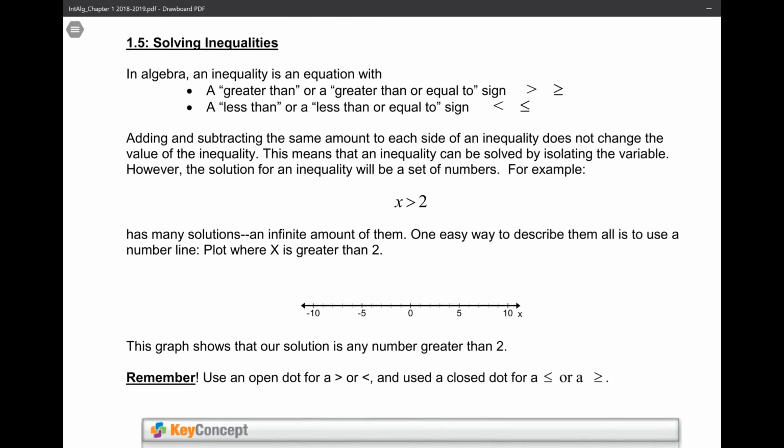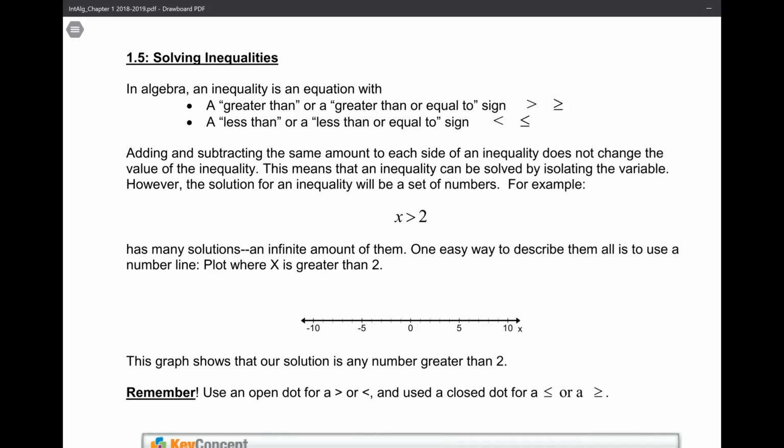So adding and subtracting the same amount to each side does not change the value of the inequality, so that means we can solve by isolating the variable. For example, if I have x equals 2, the only number I could input for x to make that true is 2. If I input 1 for x, is 1 equal to 2? No. What about 3?